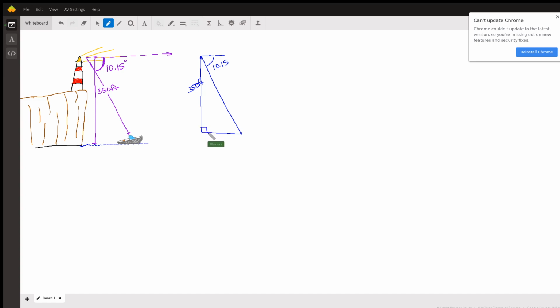So we can safely estimate that this is a right triangle. So this is 90 degrees down here. And if this is 90 degrees, then we know that this is also 90 degrees. And if we have 10.15 degrees for the angle of depression, then this part of the angle must be 90 degrees, the right angle, minus 10.15 degrees.